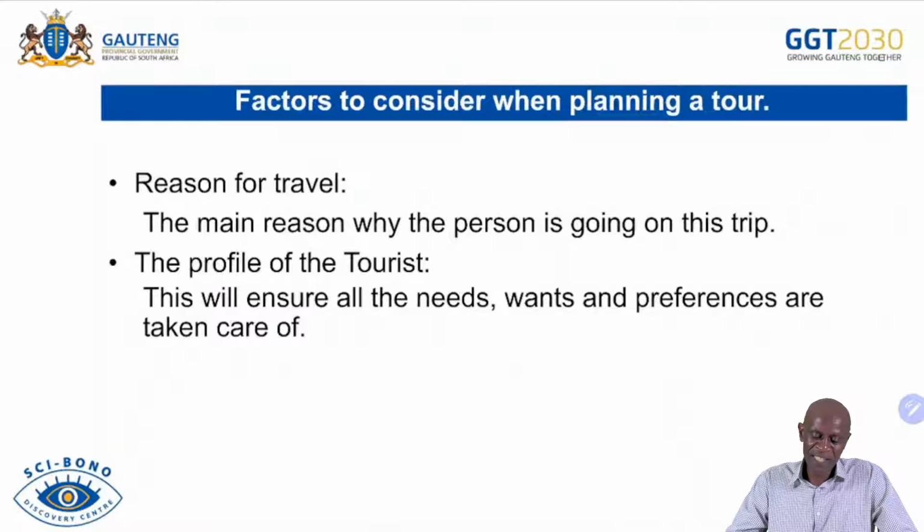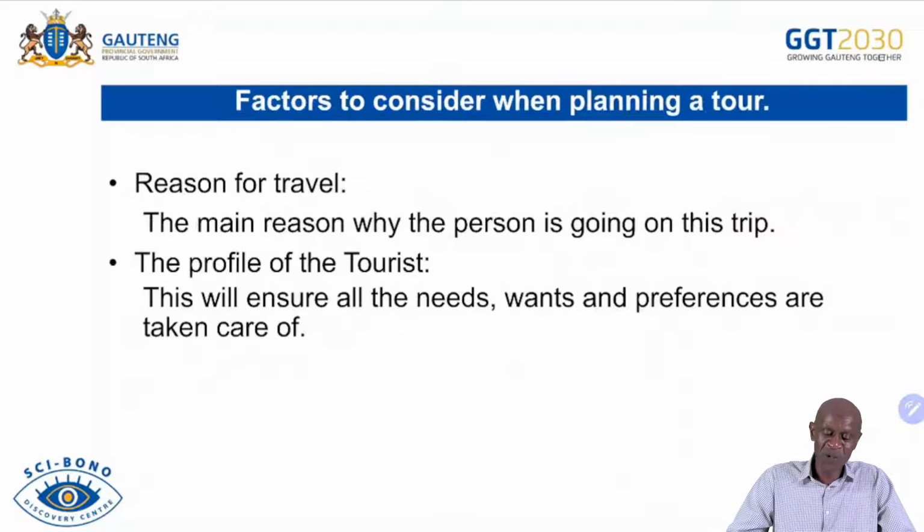Another factor is the profile of the tourist. We spoke much about the tourist profile and why is it important to consider it? It will ensure all the needs, the wants, and the preferences are taken care of.